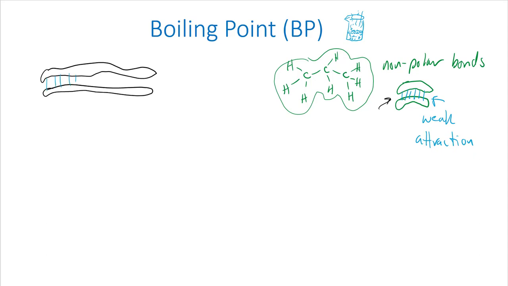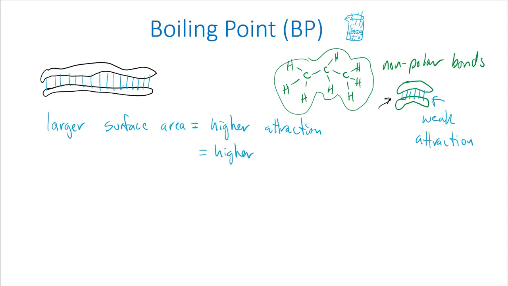This weak attraction between the molecules is like a piece of molecular Velcro. The larger the surface area, the higher the attraction. The higher the attraction, the more energy it takes to separate those molecules, and the hotter you have to get it before it boils. So therefore a higher boiling point.